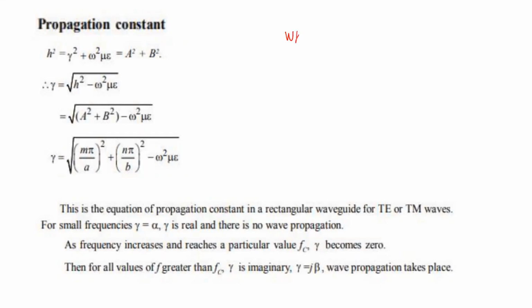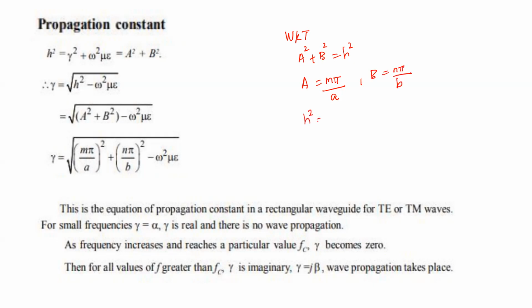That is, we know that a square plus b square is equal to h square. And this formula we might have derived in the general wave equation for rectangular waveguide for both TE and TM waves. Now, we know a is equal to m pi by a and b is equal to n pi by b.